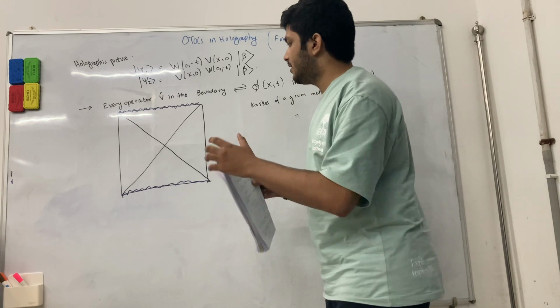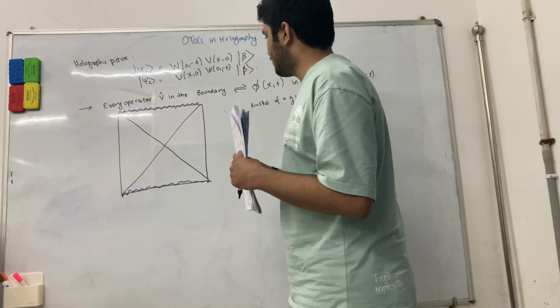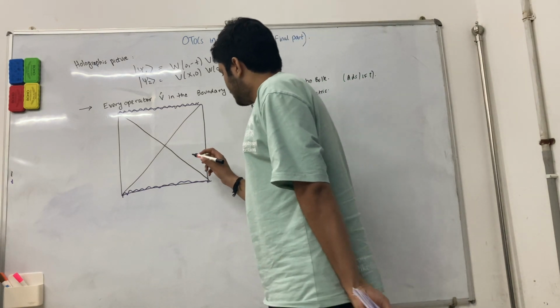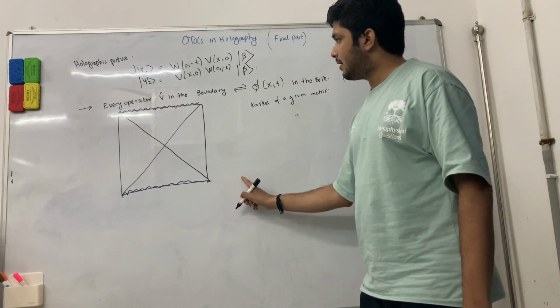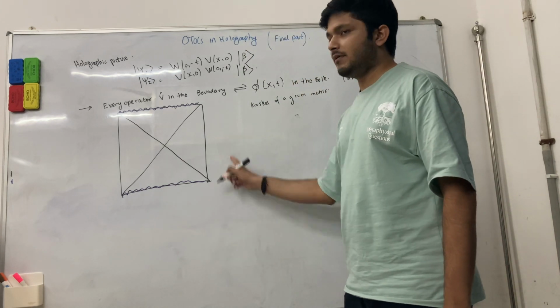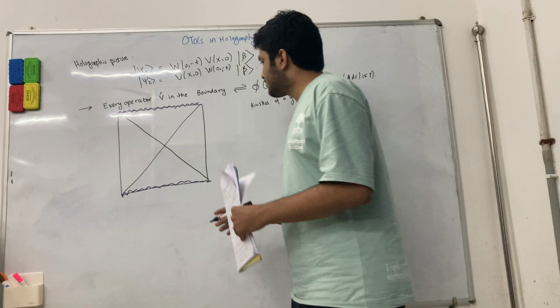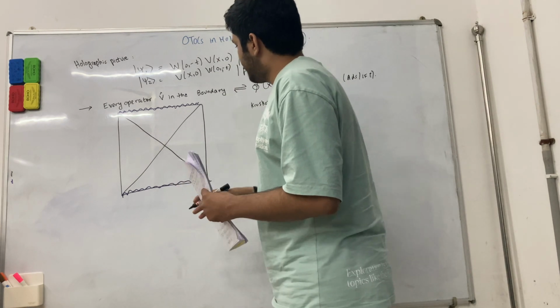It very nicely fits the physical picture for these OTOCs. One more thing to remember, I'm taking the time orientation of my Penrose diagram in the upward direction, so increasing time is in the upward direction.